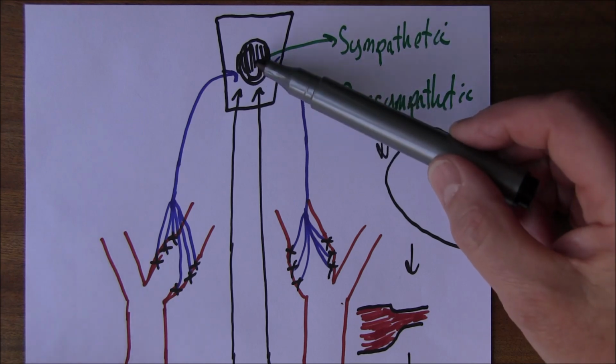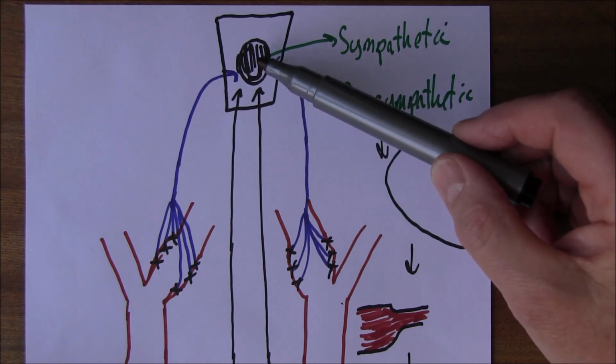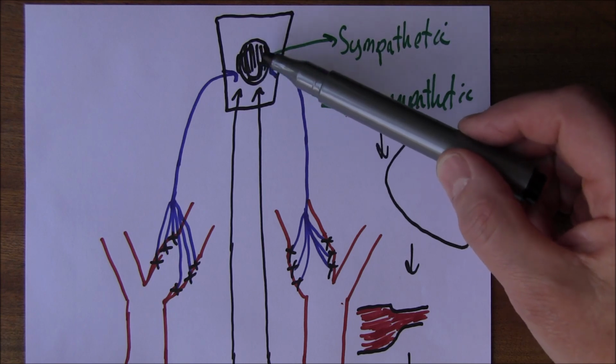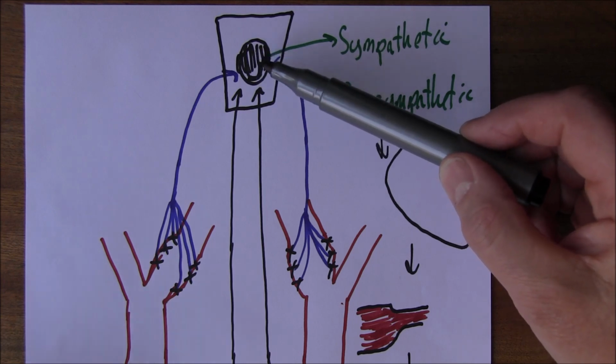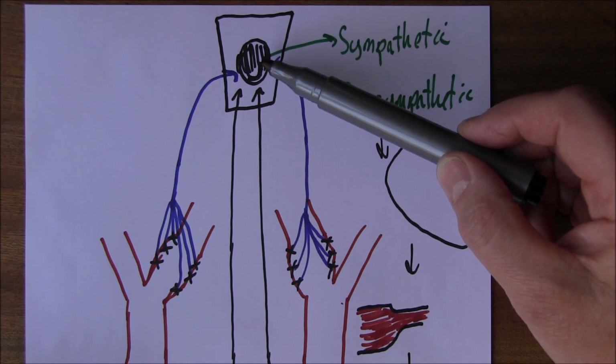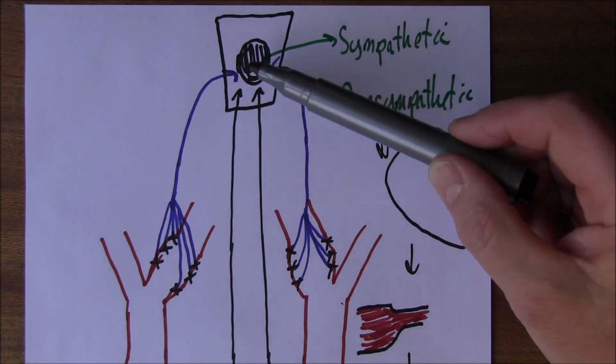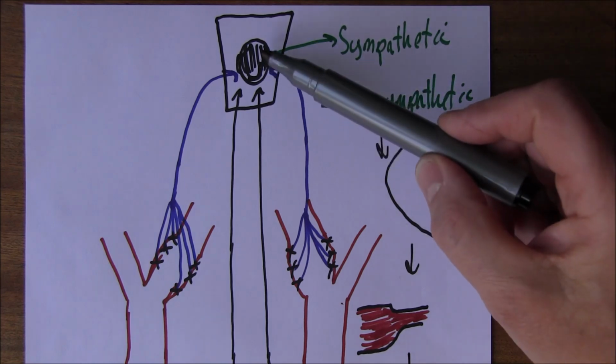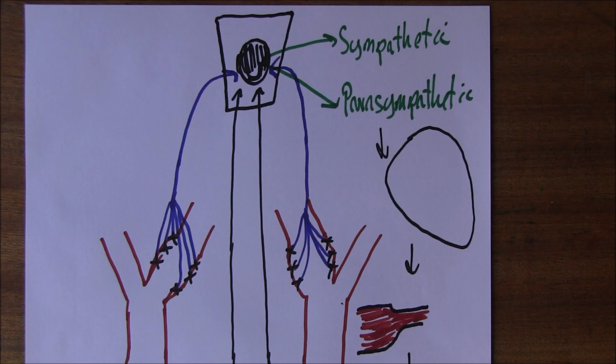So we notice that in this cardiac centre, in the medulla oblongata, there are interconnected networks of neurons that are going to affect heart rate, stroke volume, therefore cardiac output, and systemic vascular resistance. These are all going to be regulated via this vasomotor centre.